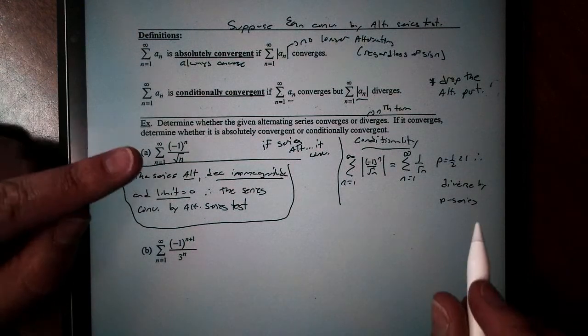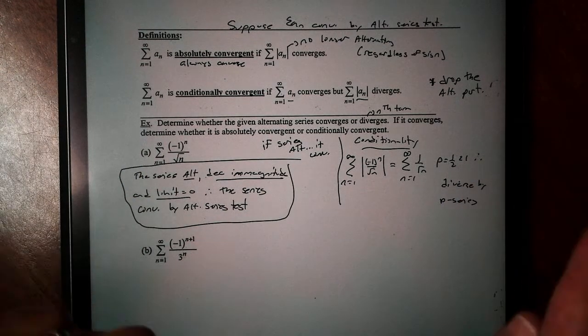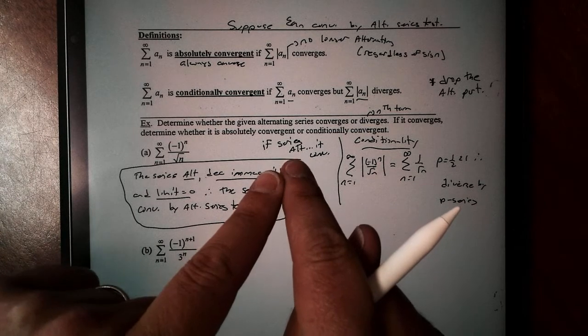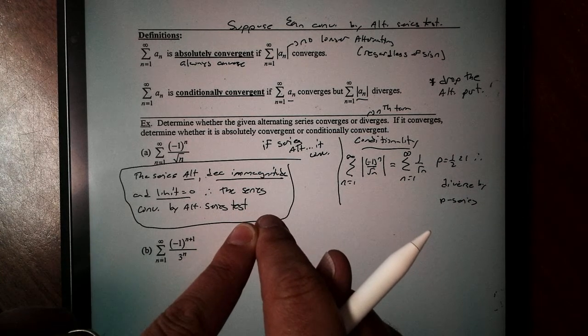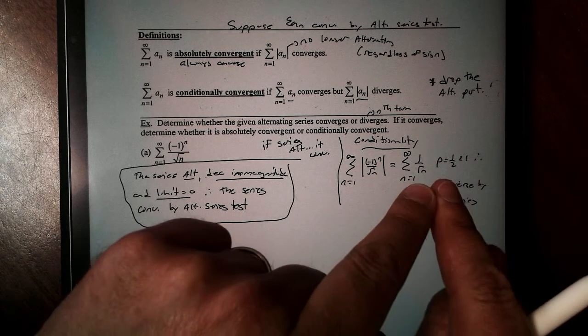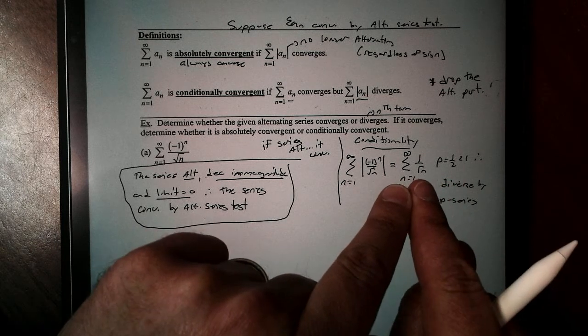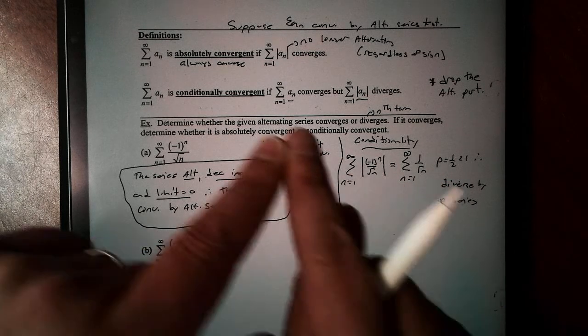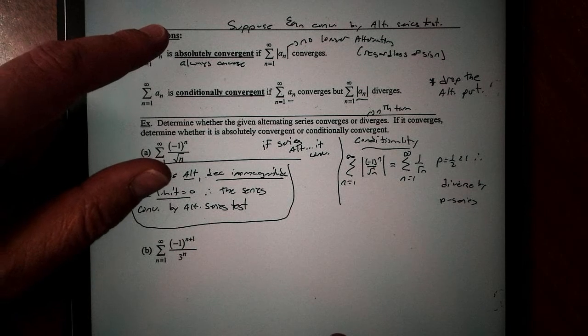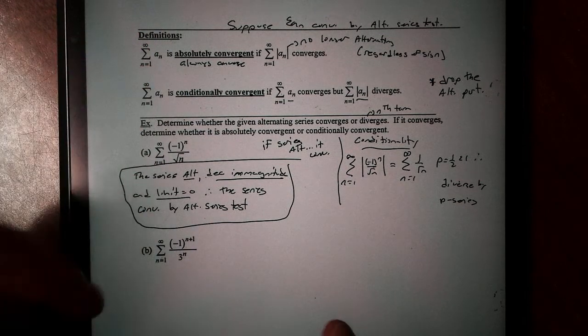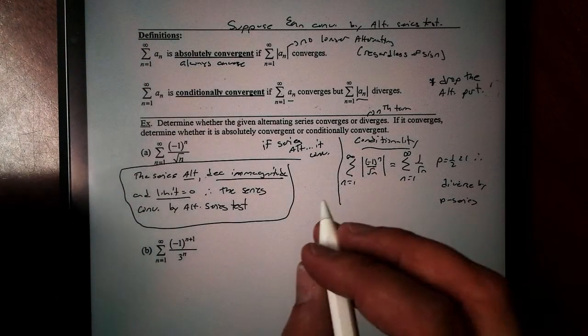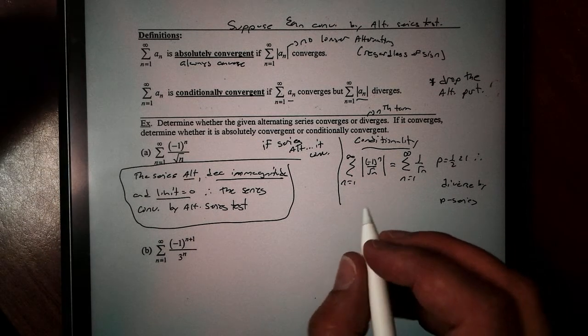Now, let's take a look here. What is it saying? Well, if the series is alternating, it will converge. But if the series does not alternate, this will diverge. So which of the two will it be, absolute or conditional? Well, it's going to converge only if the signs alternate.